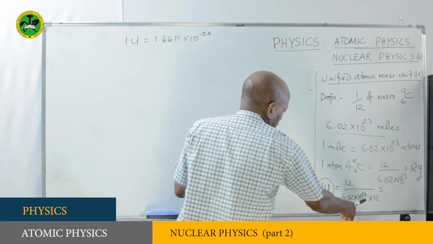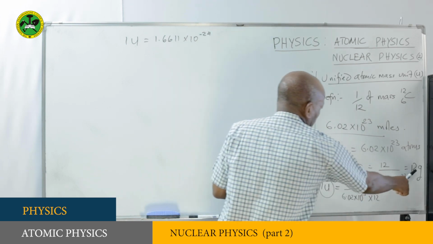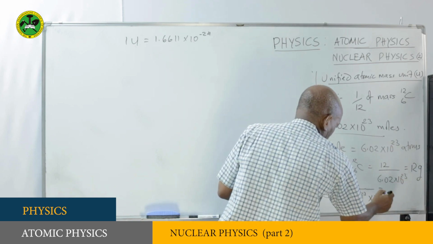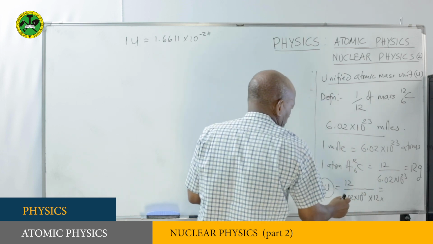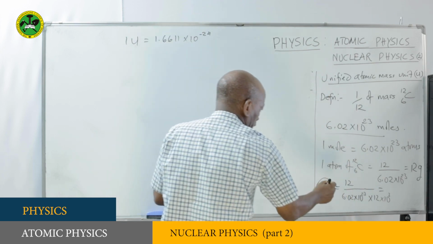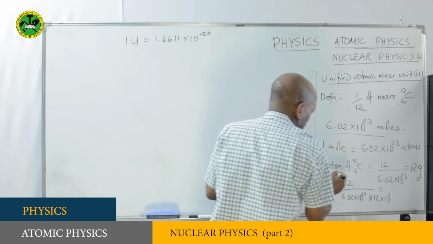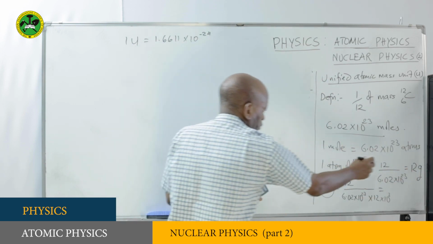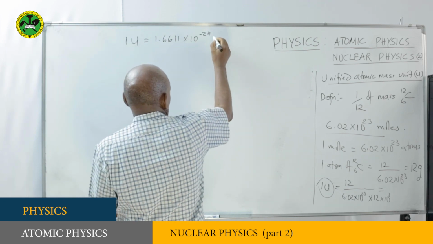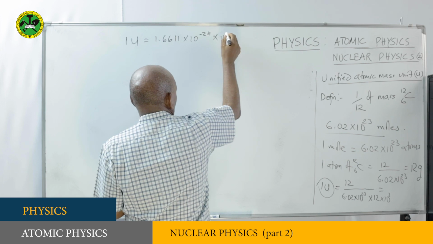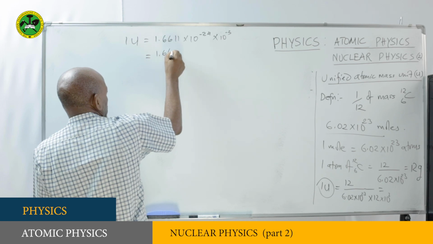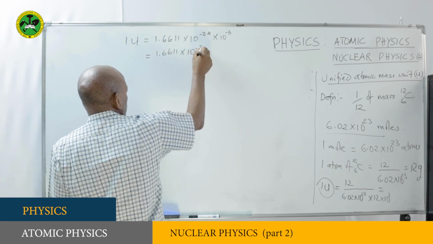But remember, this is for a gram. If I go and look for a kilogram, then I have again to divide by 10 power 3. Then I'll be talking about a unified atomic mass by having a reference of this 1 atom not to 12 grams, but converting that 12 grams into kilograms, so this will be multiplied by 10 power negative 3, so that it is equal to 1.6611 times 10 power negative 27.